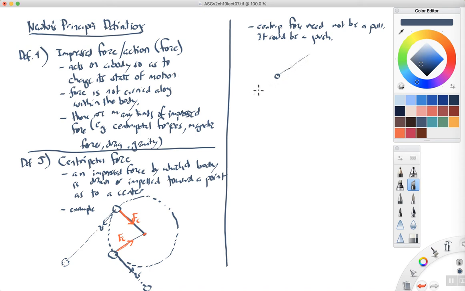This is the line along which it's moving. So it went from here to here. And let's suppose when you get right here, you hit it with a hockey stick. You hit it on this side and you cause it to deflect. So at that moment, you apply a momentary force in that direction toward this point.